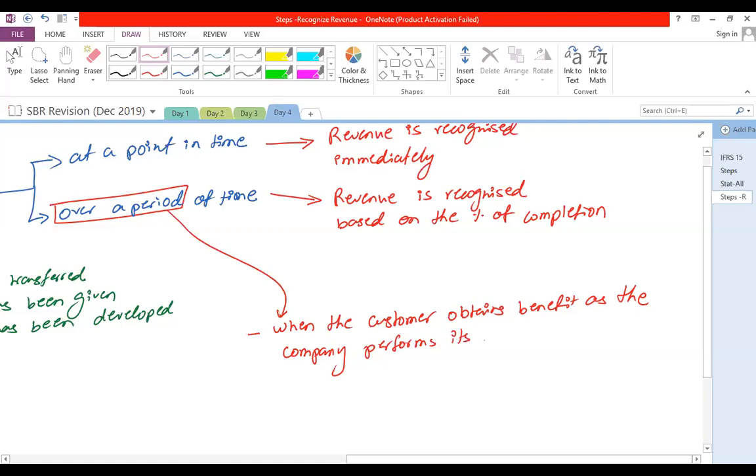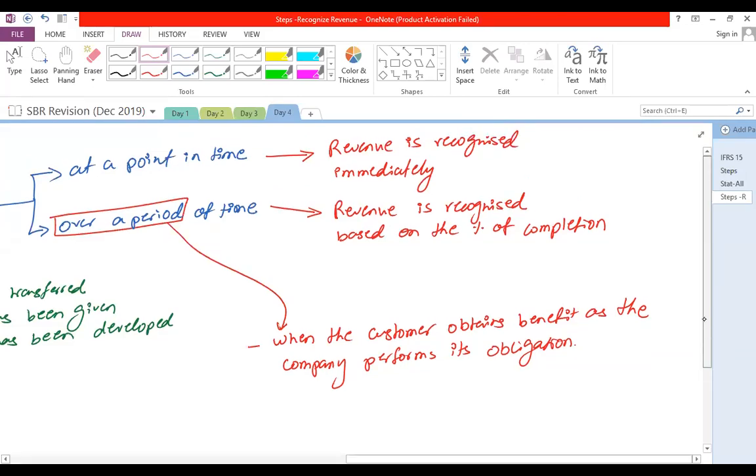So if, as we are performing or completing our obligation, the customer is getting the benefit meanwhile, this means that the control is being transferred over a period of time.